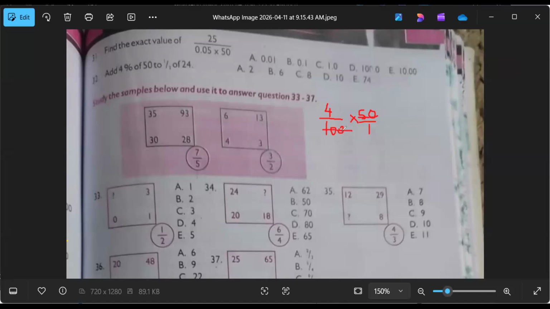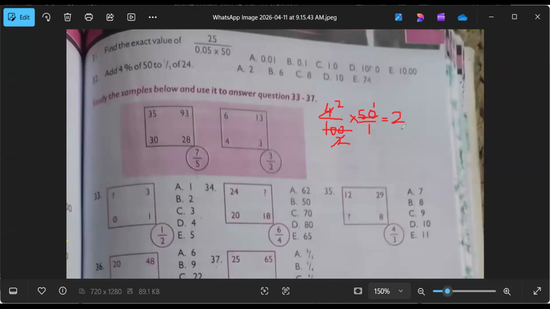So 2 in 4 is how many? 2. So can you say that your answer was not quite correct? It's actually 2, not 8.